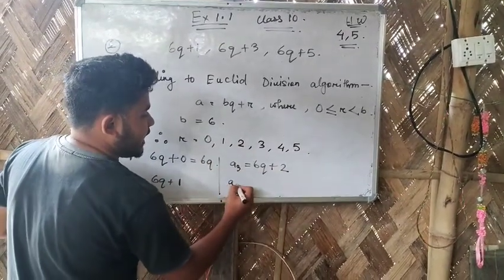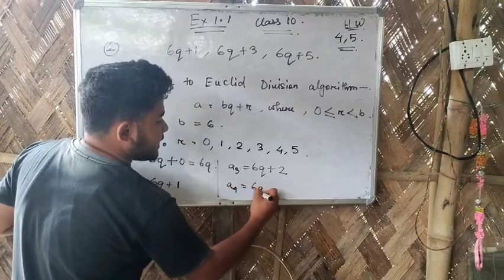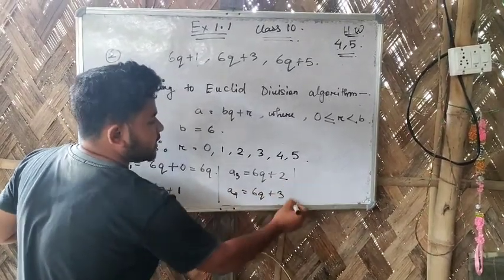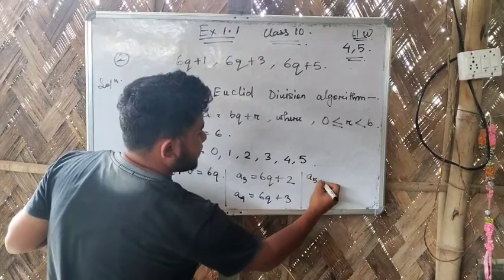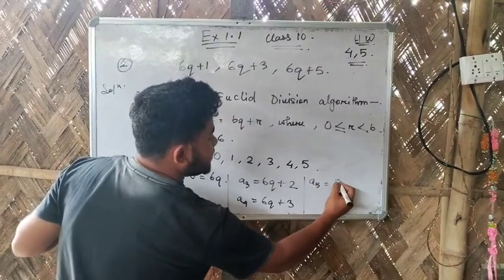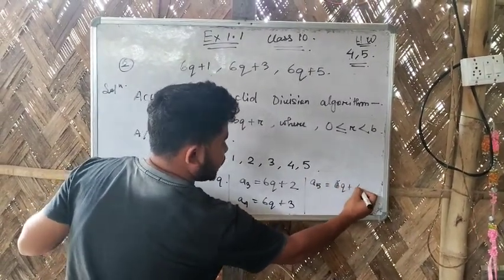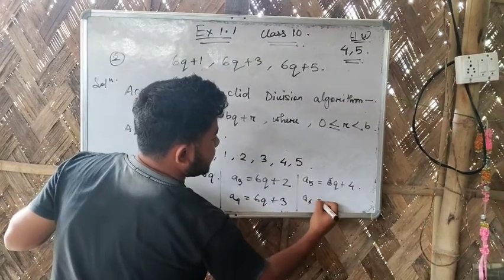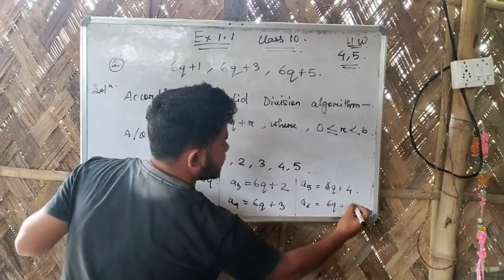After that, A4 = 6q + 3, then A5 = 6q + 4, and at last A6 = 6q + 5.